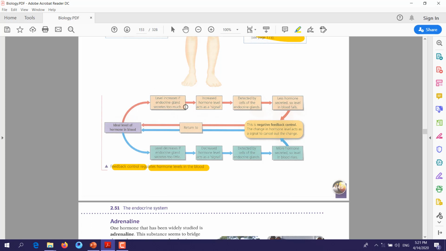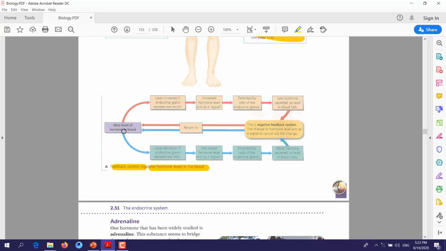After a while, the level of hormone will increase. The increased hormone level acts as a signal detected by cells of the endocrine glands. Less hormone is secreted, so the level in the blood falls. This is negative feedback control.